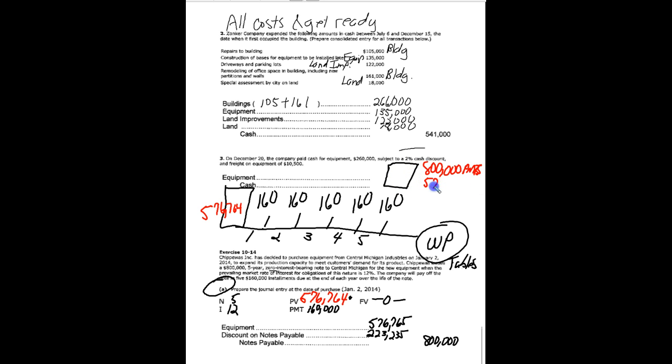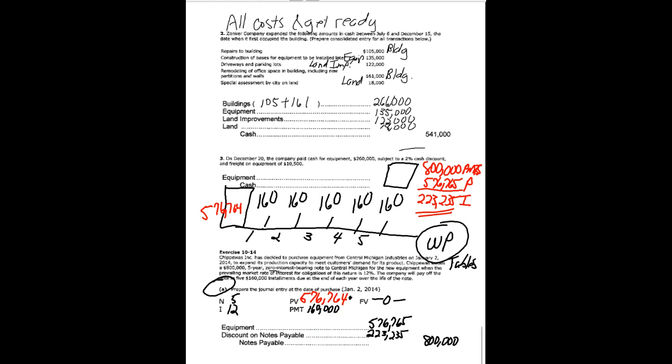We're really borrowing $576,000, I'll put 765 so it agrees with the Wiley Plus number. That's what we're really borrowing, that's our principal. The difference between what I pay back on a loan and the amount I borrow, do you remember what it is? It's interest. So my payment is either going to be a principal payment or interest. So this discount on notes payable represents future interest expense.